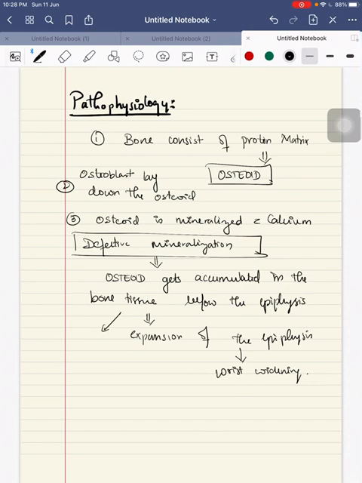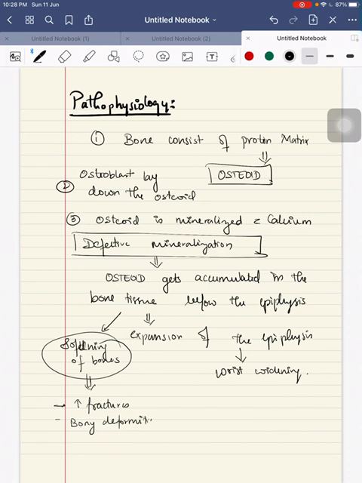Once this osteoid is accumulating and there is no mineralization, it leads to the softening of bones. Once the bones are soft, it leads to an increase in fractures and bony deformities. Okay, this is the pathophysiology behind rickets.